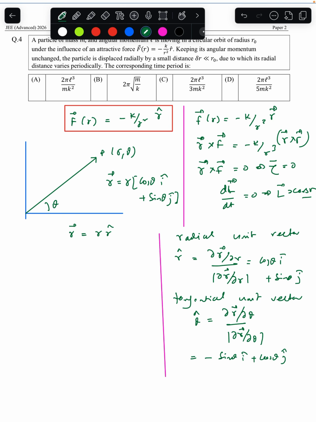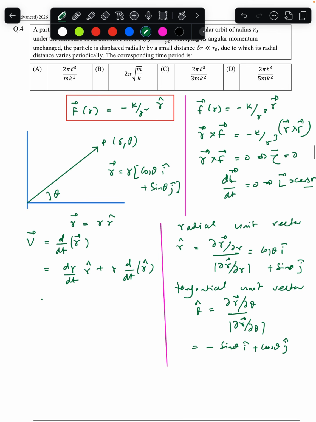Now I will differentiate this quantity. If I want to get v vector, I am going to simply write d/dt of r vector. d/dt of r vector will give you two things. We will get dr/dt r cap plus r d/dt of r cap.